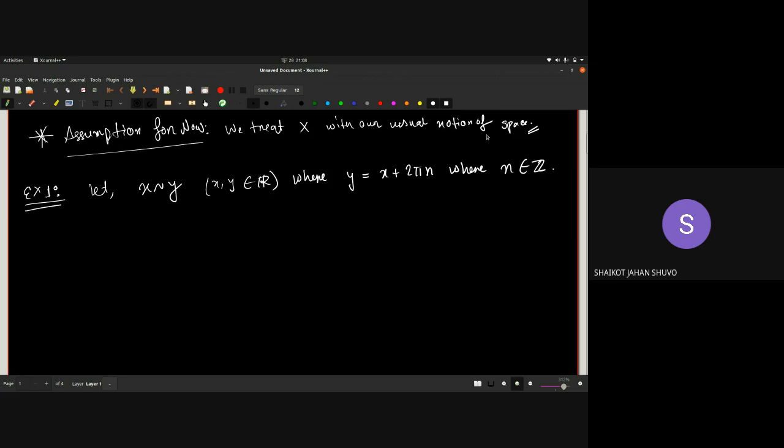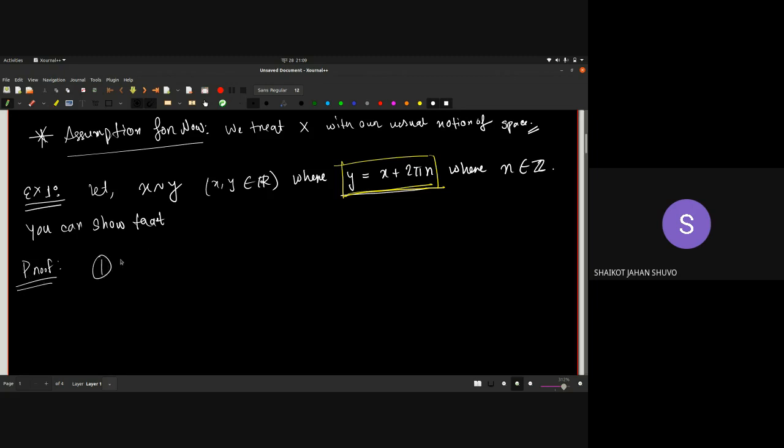And this is true. You can show that under this condition, x and y is indeed an equivalence relation. First we have to show that. So this is the proof.